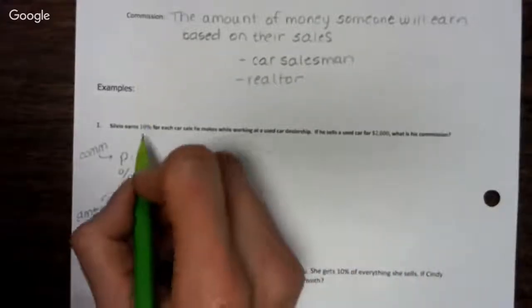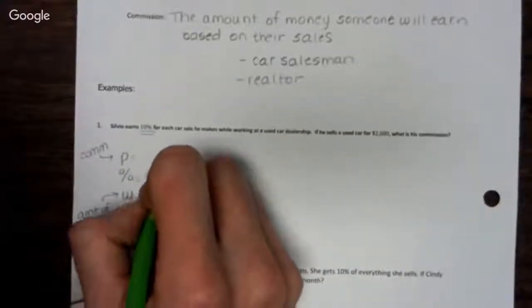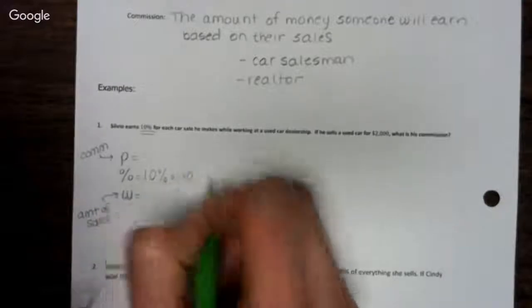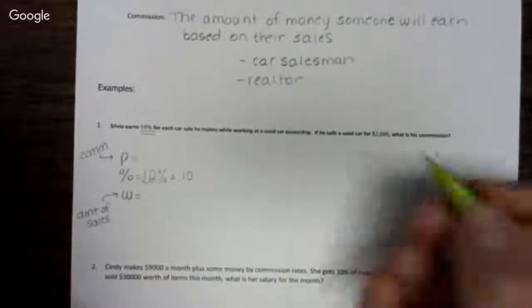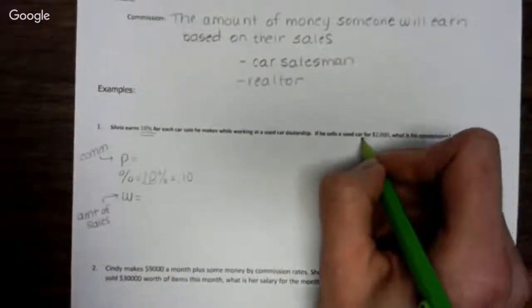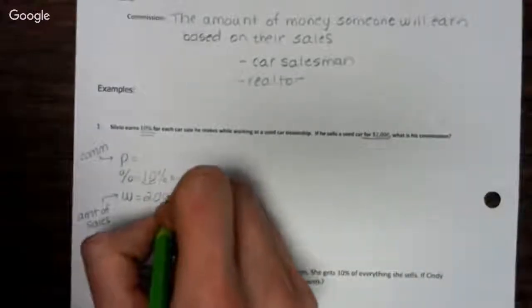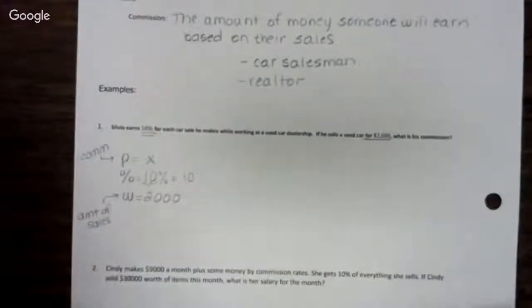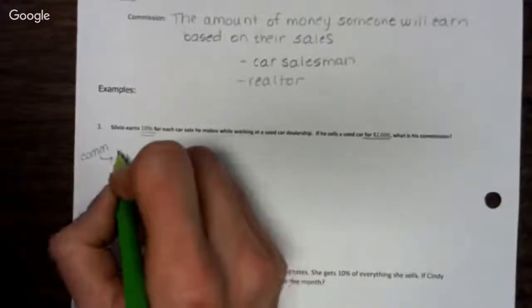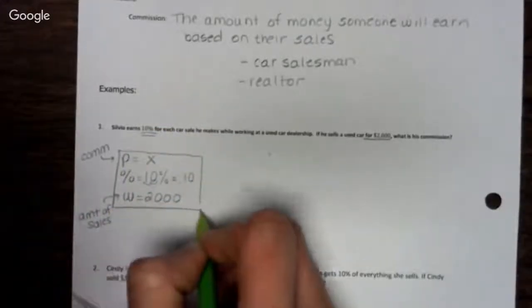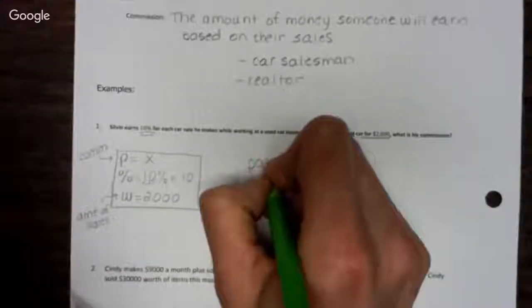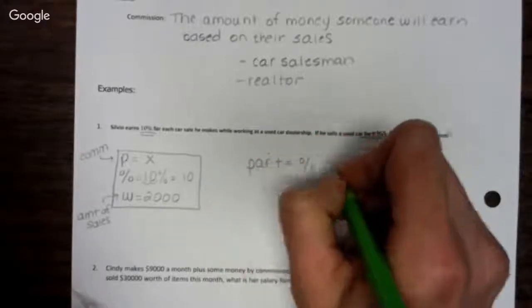So let's read it again. He earns 10%, so that's our percentage, which is 0.10 by moving it over twice. He sells $2,000, that's his amount of sales, and we want to know how much commission, so that's our X. So here's our little cheat box. Now let's set up our part equals percent times whole equation.